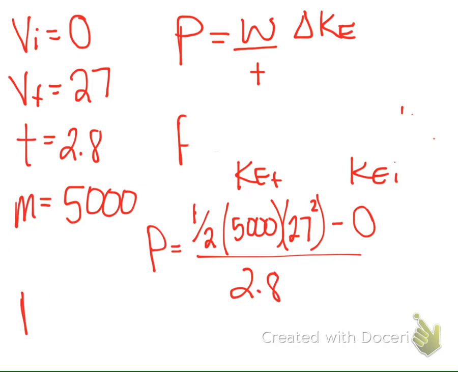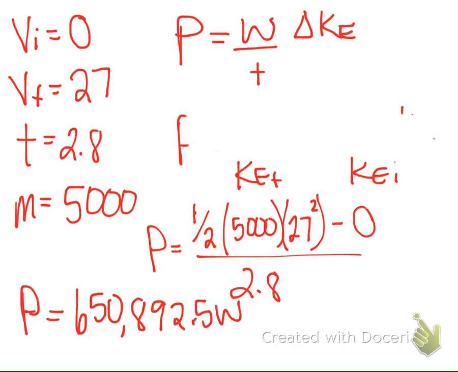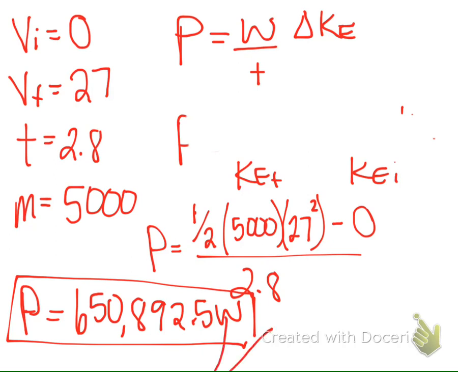which means our power comes out equal to what value in watts? Matt, what'd you get? 892.85. Perfect. Okay, that's in watts. Do we remember how to convert from watts to horsepower? Divide by 746. Good.